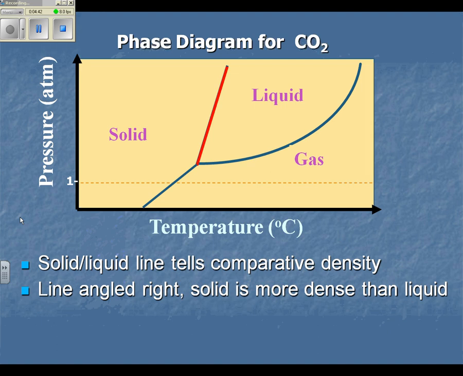Also, if we just pick normal pressure, 1 atmosphere, and we increase the temperature, carbon dioxide is not going to enter the liquid phase. As you increase temperature, it crosses the solid-gas line, so it will actually sublime, and that's dry ice. It has that fog.